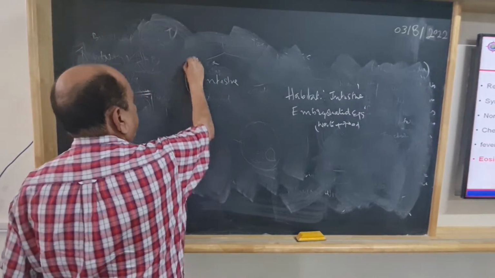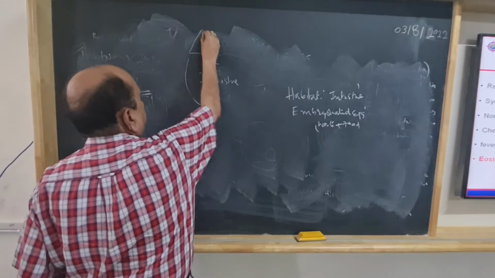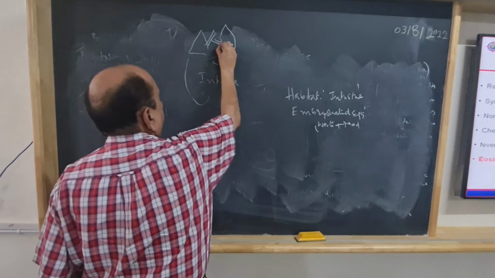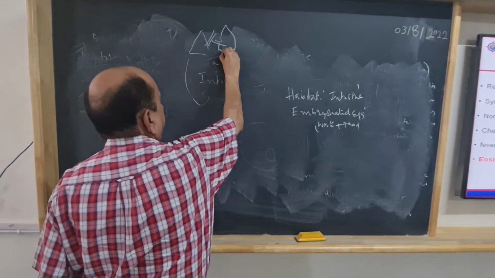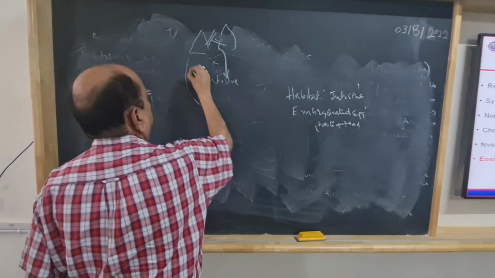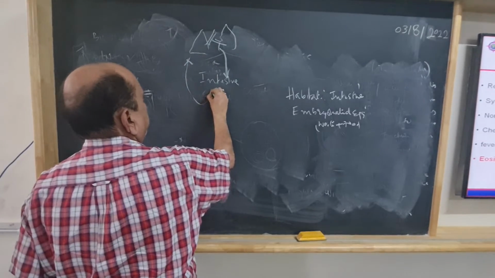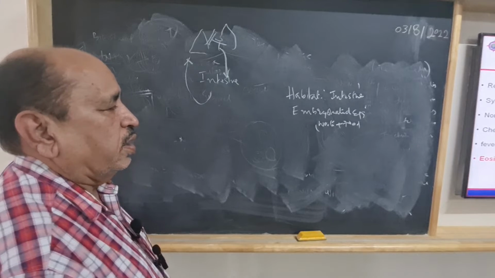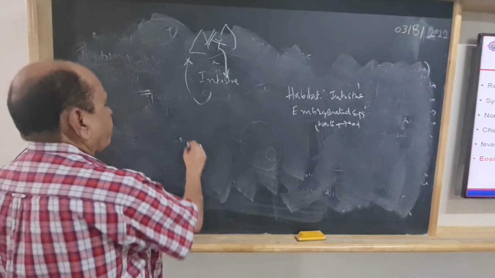From the intestine they go to the lungs and come back to the intestine. So in the lungs it gives rise to Loeffler's pneumonia.